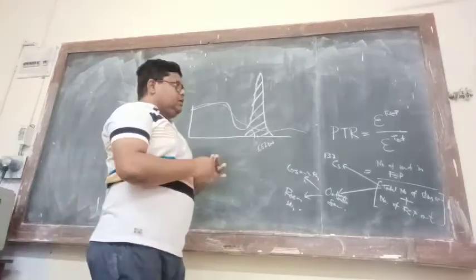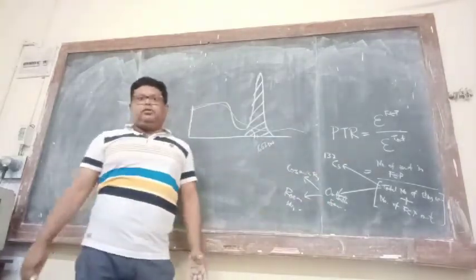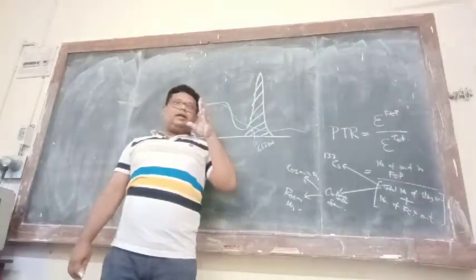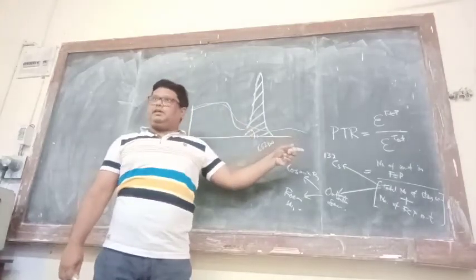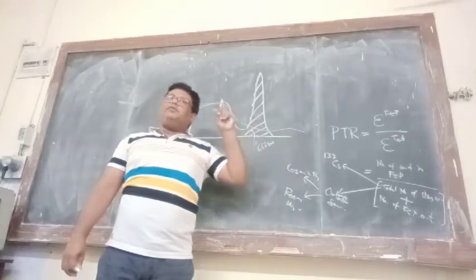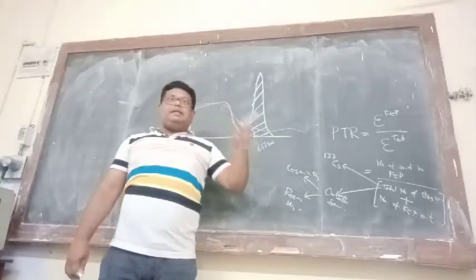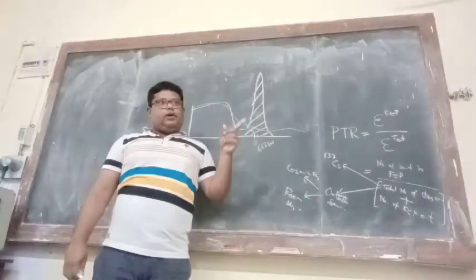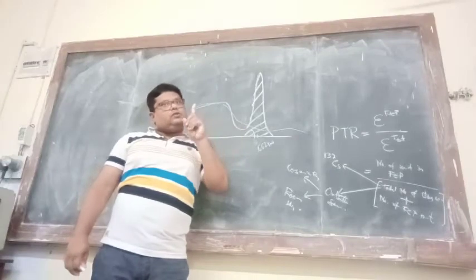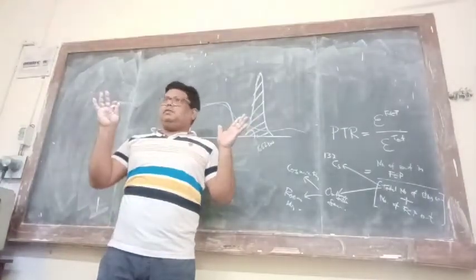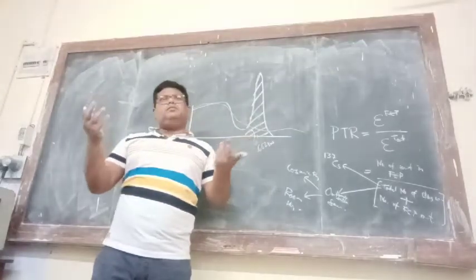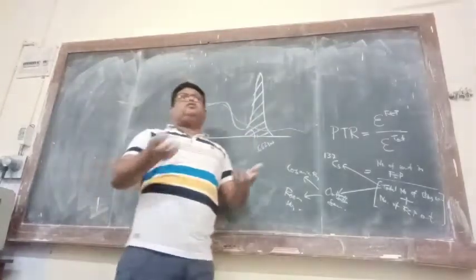Now the next step. In actual spectroscopy, if I have to use this detector, I have to consider situations where not just one gamma ray will be there, there can be many other gamma rays. So what's the issue?